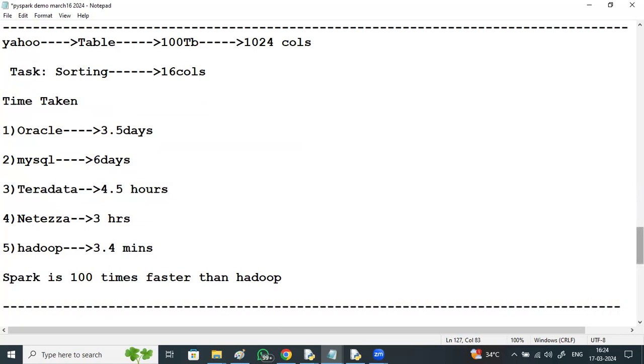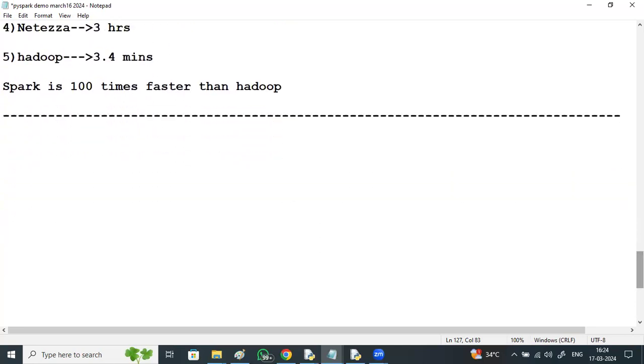And if you observe these execution generations, initially we had Hadoop MapReduce. MapReduce is a parallel execution model.